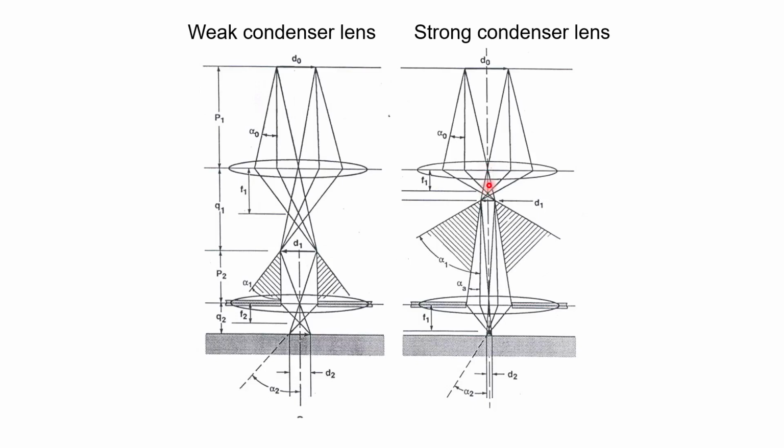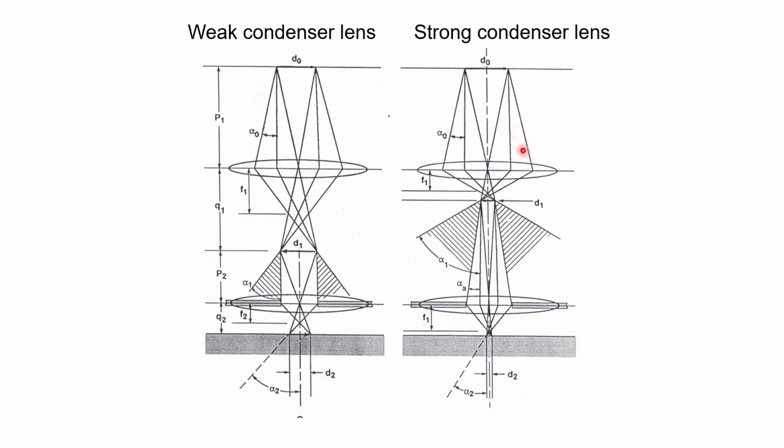Firstly, we'll discuss the weak condenser lens. The weaker the condenser lens, the higher the point at which it gets focused, and as a result you have this kind of aperture here, and then the beam is emitted out and you get a convergent probe which looks like this.